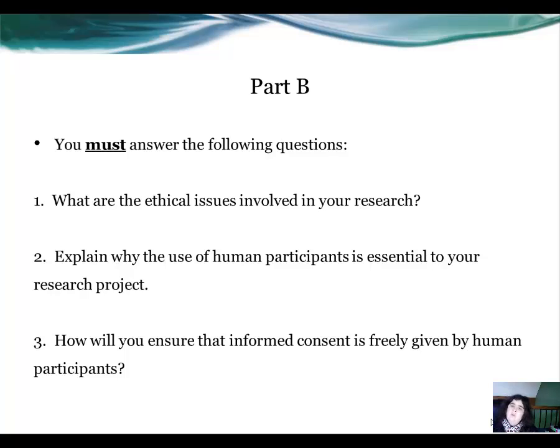Explain why the use of human participants is essential to your research project. Now, this will obviously depend on everybody's research question and research approach. And how will you ensure that informed consent is freely given by human participants? So each of those questions requires a maximum of 300 words to be written about how you would answer those questions.